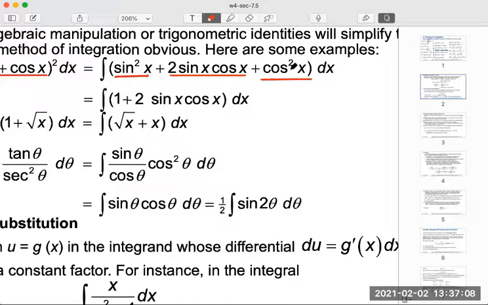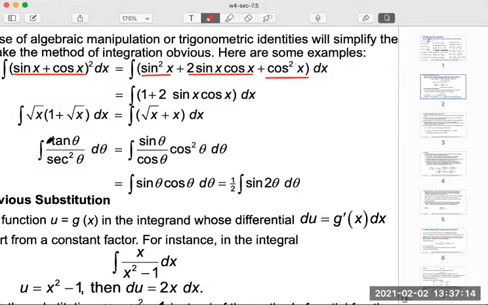Take the antiderivative, that is not difficult. Or sometimes we will face these terms. Looks complicated, right? But once we distribute it, it becomes a lot easier. And the integral of a sum will be the sum of integrals, and each of them is easy.